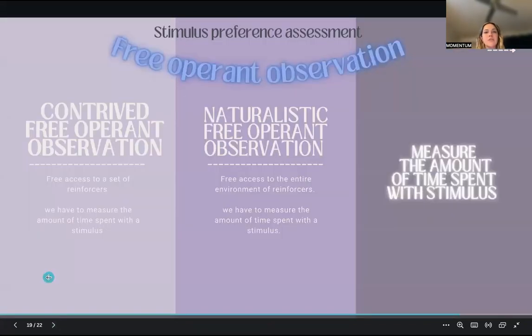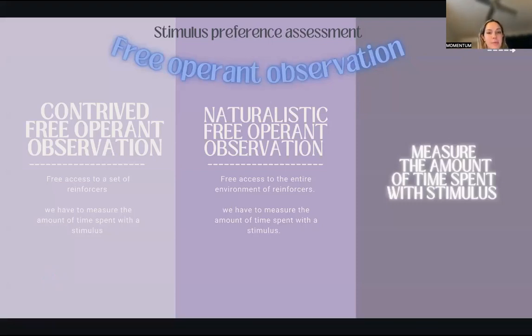Now let's move along to free operant observation. We have contrived free operant observation, naturalistic free operant observation. So this is when we have contrived is free access to a set of reinforcers. We have to measure the amount of time spent with a stimulus. Contrived free operant observation. And then naturalistic free operant observation is free access to the entire environment of reinforcers.